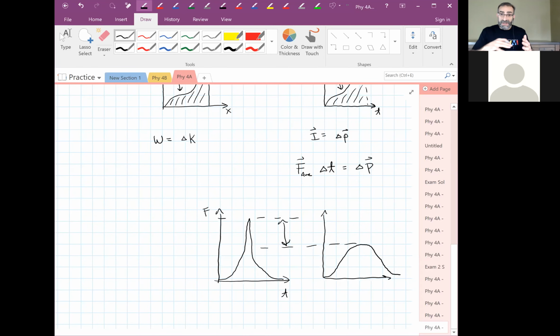The area under the curves has to be the same for both of these. One of them achieved the same change in momentum without exerting a very big force by spreading out the time interval. Okay.